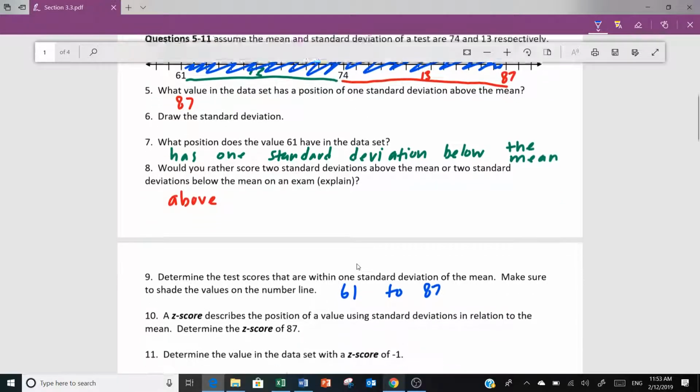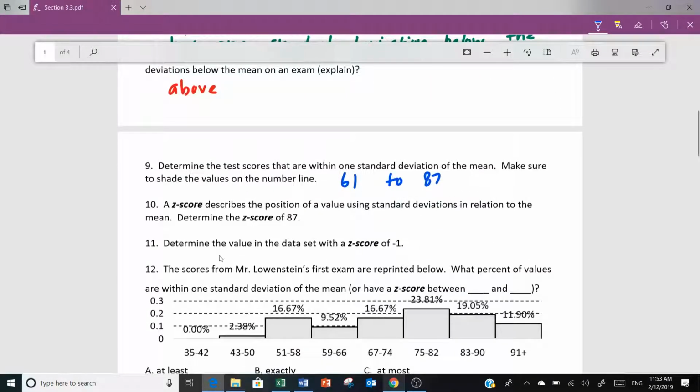Okay, now we have something called a z-score. The z-score describes the position of the value using standard deviations in relation to the mean.